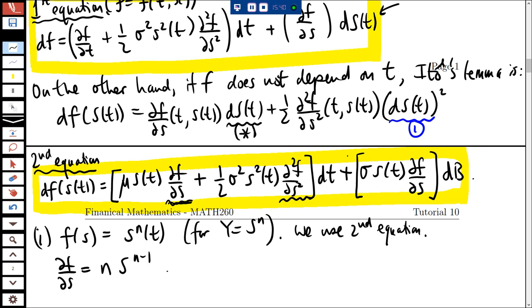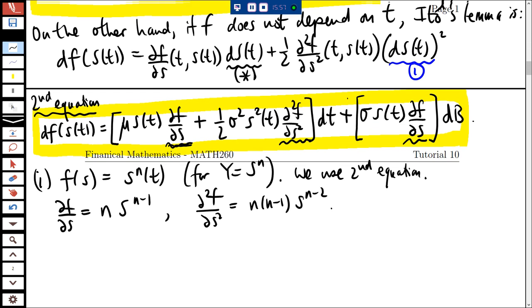I need the second derivative of f with respect to s, which is n times n minus 1 times s to the n minus 2. And I've already got that one. So I've got all the partial derivatives. So I'm now going to drop them in.